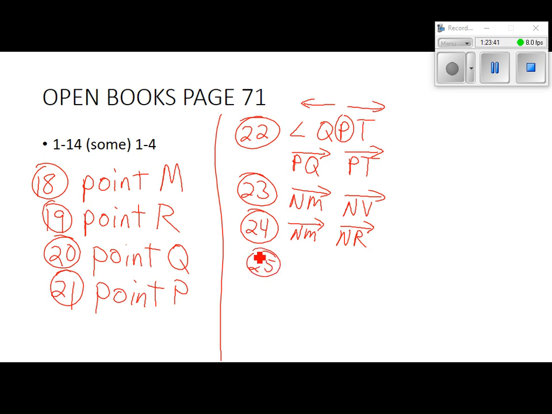Number 25 is angle 3. The vertex is R, so ray RP. We could have said ray RT also, and ray RQ. Ignore that stray mark.